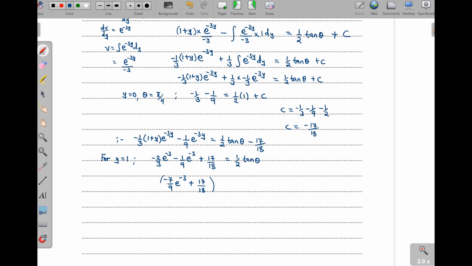But now here, this one will be multiplied by 2 to give us the what? The tan of theta. So therefore, the exact value of tan theta here, I can write it as just this one here. Or if you want, you can multiply all through. But that one is just enough. So it is that there.